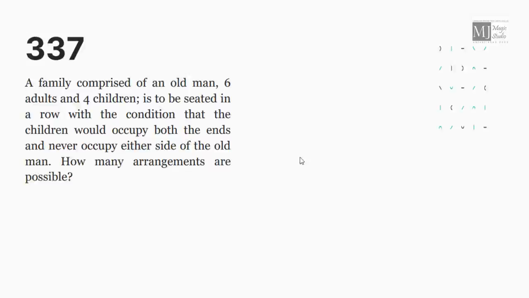A family comprised of an old man, 6 adults and 4 children, total 11 members in this family, is to be seated in a row 1, 2, 3, 4, 5, 6, 7, 8, 9, 10, 11, with the condition that the children would occupy both the ends.